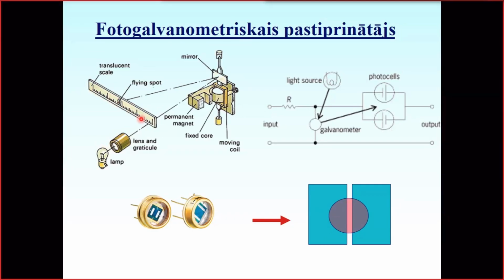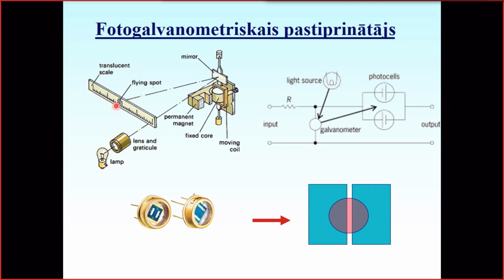So if current flows through the moving coil, it deflects a little bit, and because it has no index, it's very lightweight with very low inertia, and it may turn through a very small angle if the current is very small.